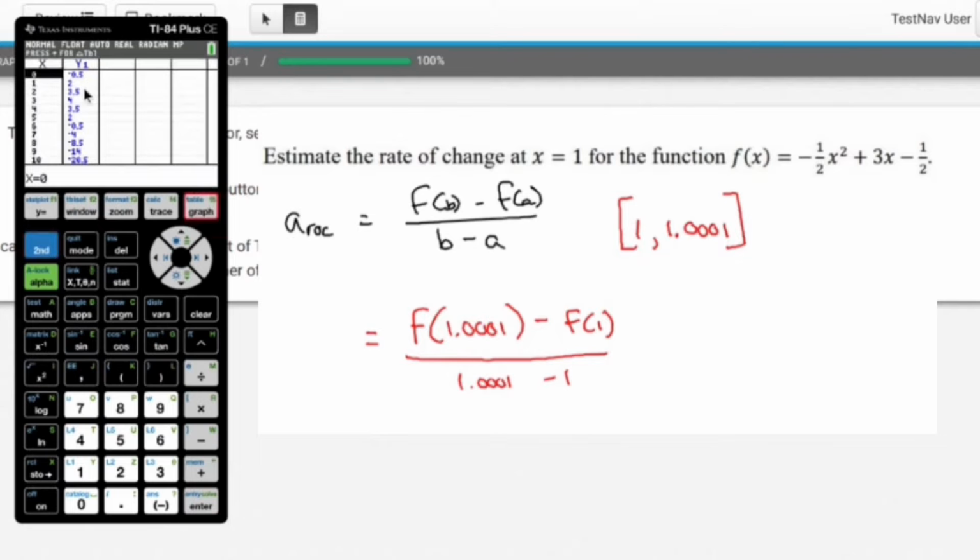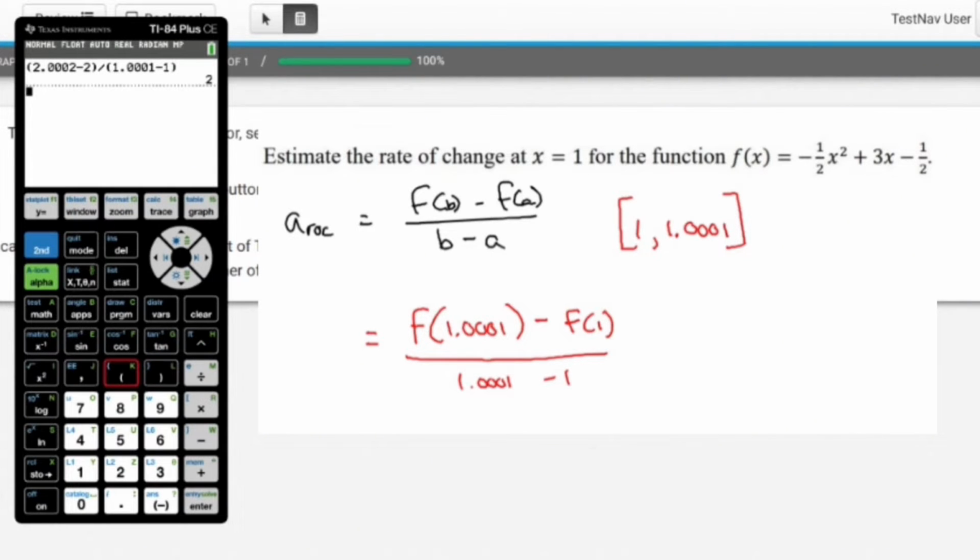It's 2. So the equation that I'm going to set up is that f of 1.0001, so let's go back here and set that up, which was 2.0002 minus f of 1, which is 2, all of which divided by 1.0001, so let's throw that into parentheses, 1.0001 minus 1, close parentheses on that, and we get 2.